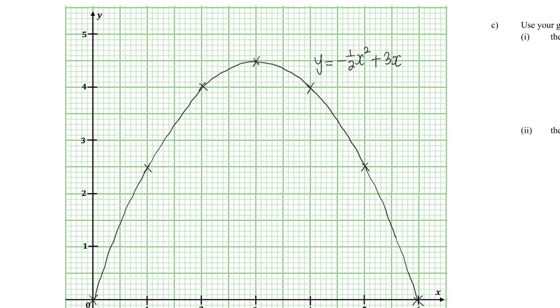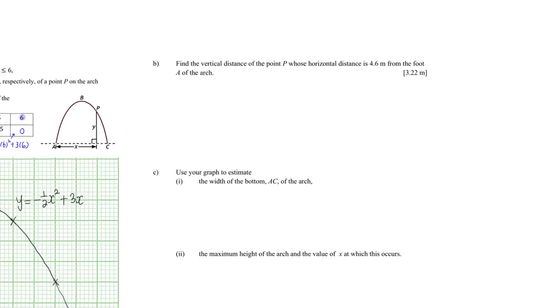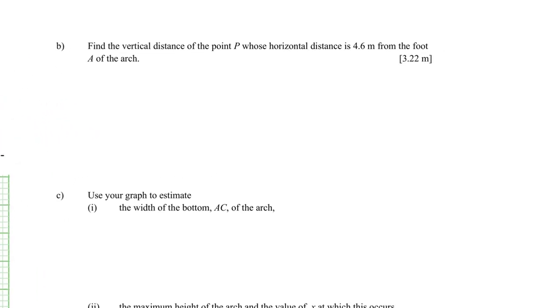Okay, so now let's move on to the questions per se. Part B. Find the vertical distance of the point P, whose horizontal distance is 4.6 meters from the foot A of the arch.